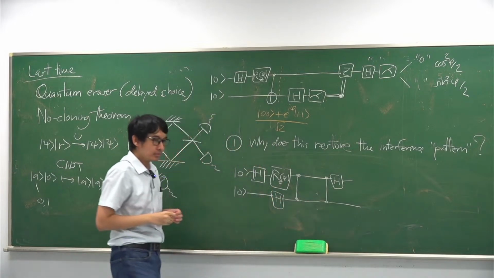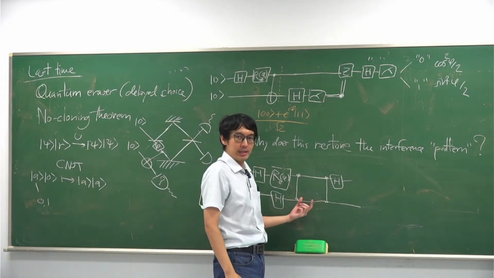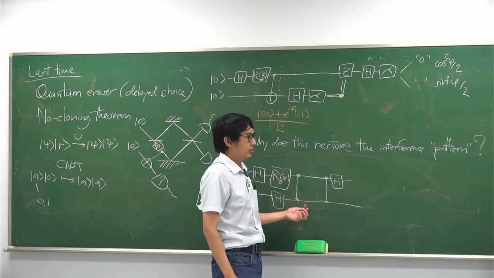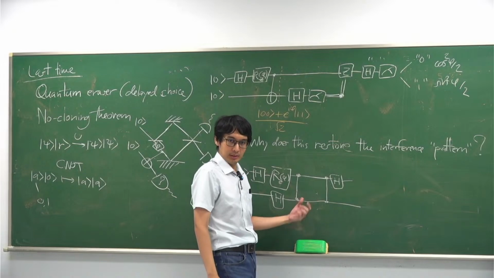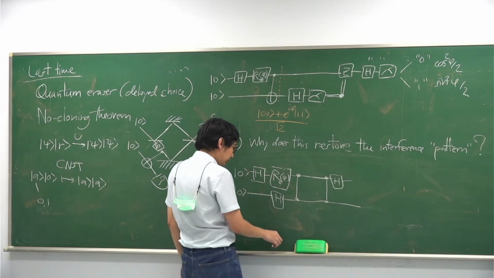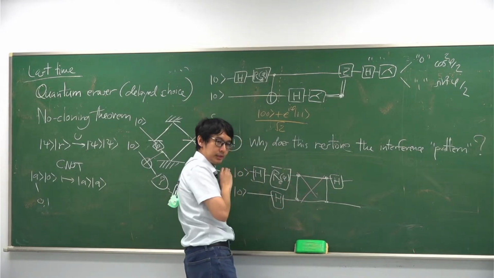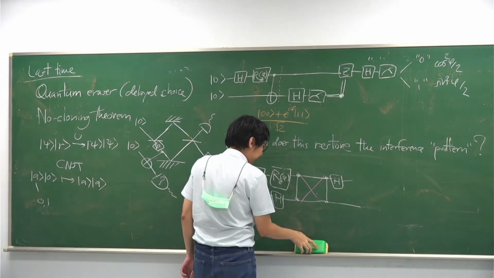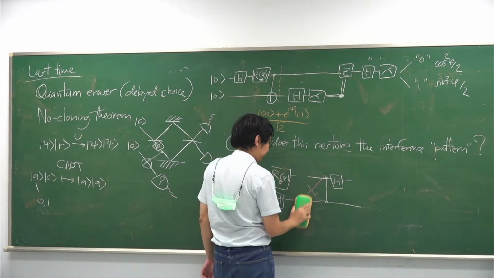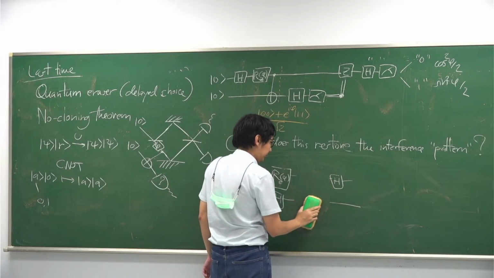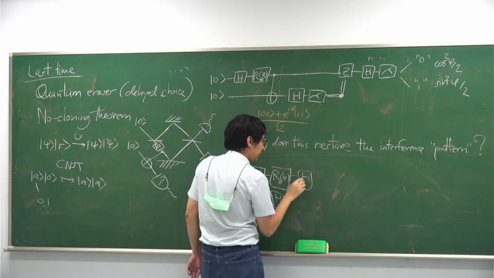Here. And so now you can see that these two C phase, control Z operations, cancel, right? So I can erase it. I move the Hadamard over here.